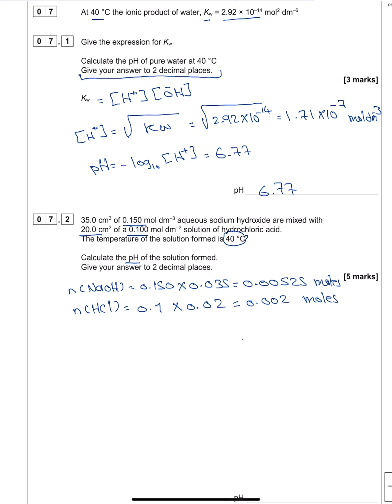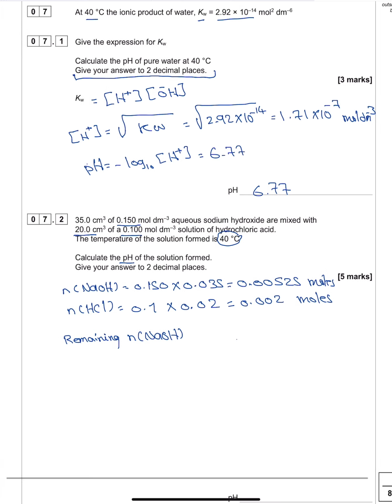So the excess sodium hydroxide remaining will be the difference between these two because the reaction is 1 to 1. So this is going to be 0.00325 mole.